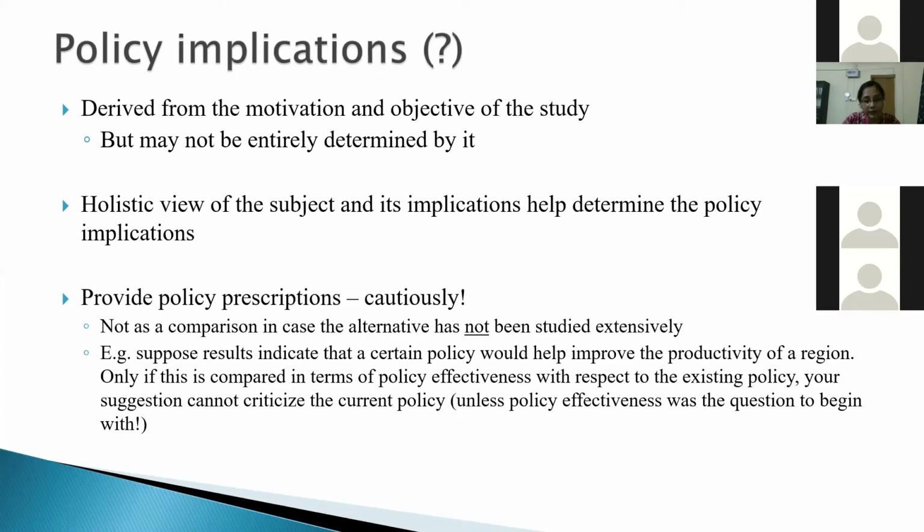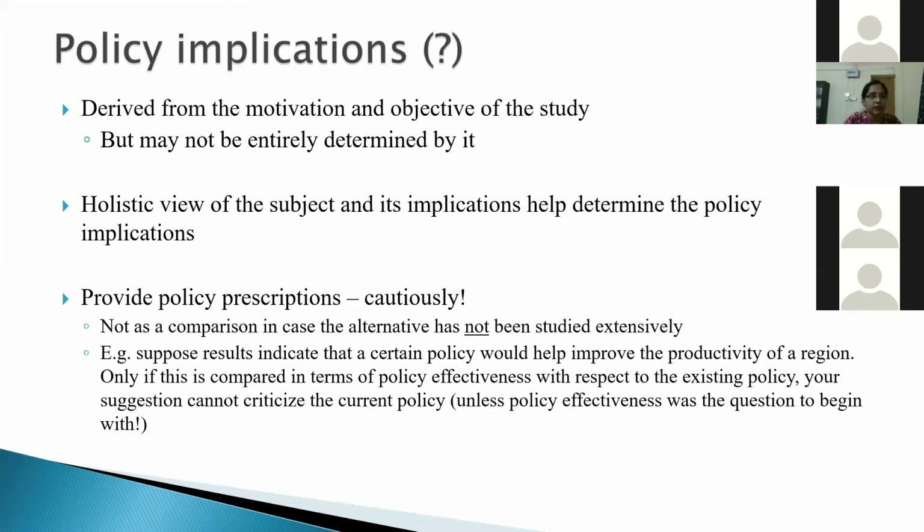The reason why I say cautiously is the following. Suppose you come up with a policy implication which says that the economy should focus more on providing a subsidy. Suppose that is the policy implication which comes up as a result of your study. You can't make the claim that therefore the alternative, which is not providing a subsidy, is completely wrong.